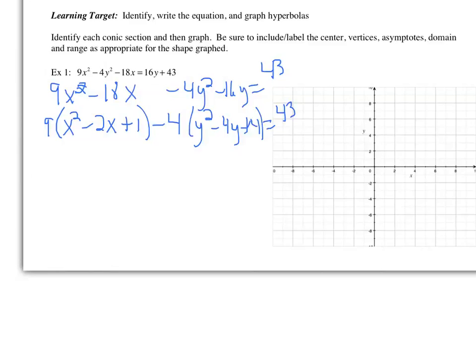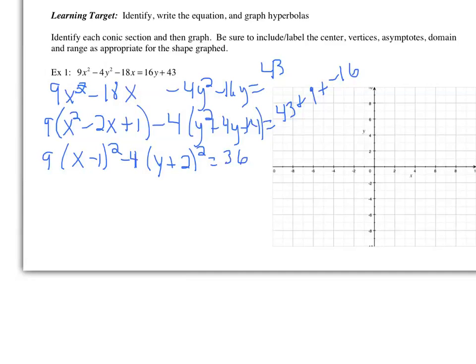But I actually added 9 and I added negative 16. So now I have 9 times x minus 1 squared minus 4 times y plus, oh, this should be plus 4y, sorry about that. So this should be plus 2 quantity squared equals 43 plus 9 minus 16, so that's 36.